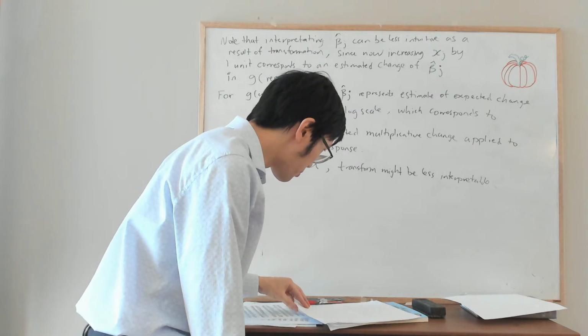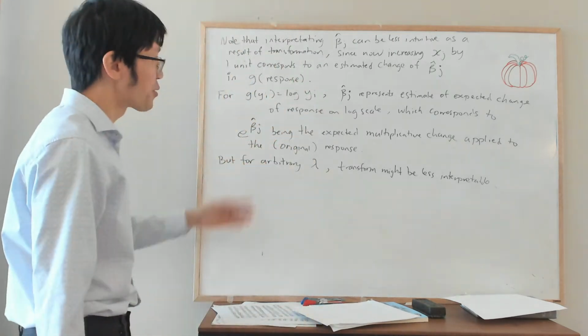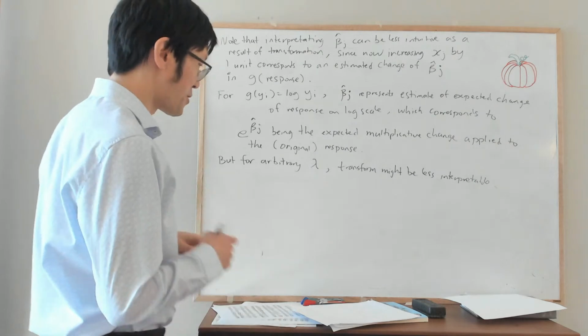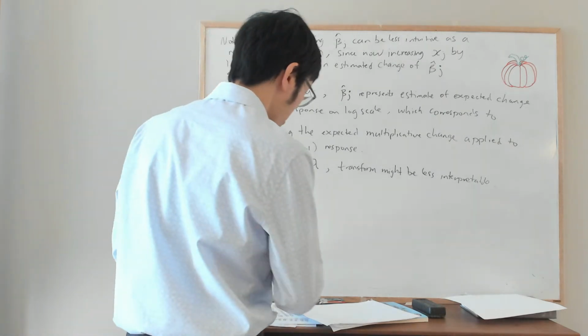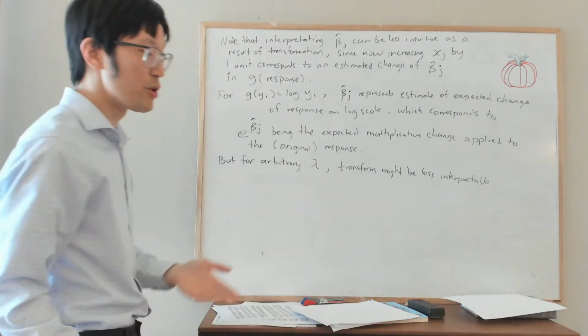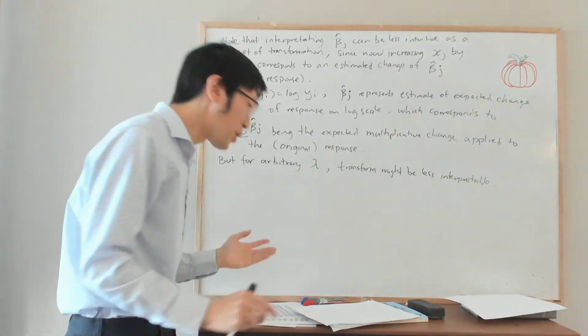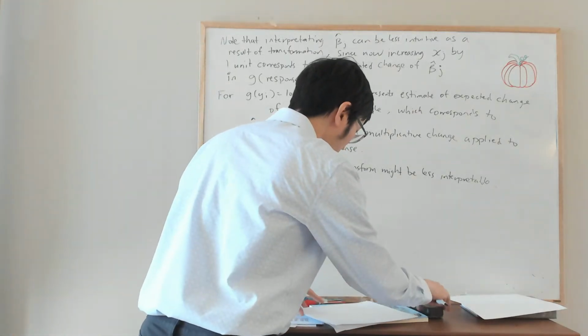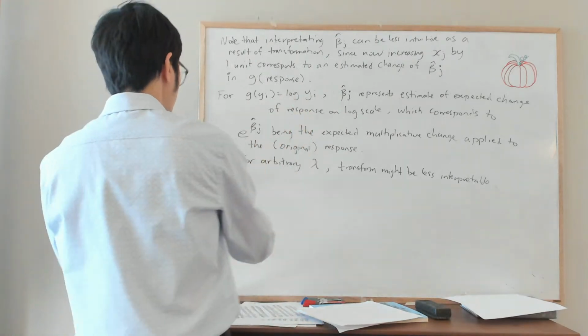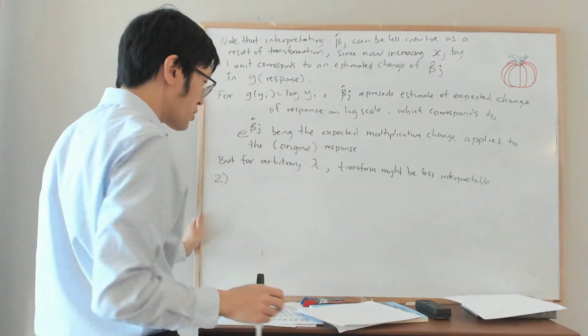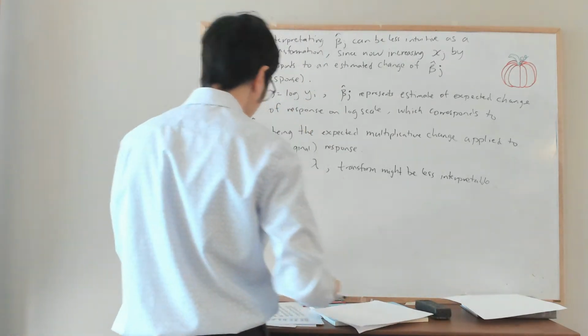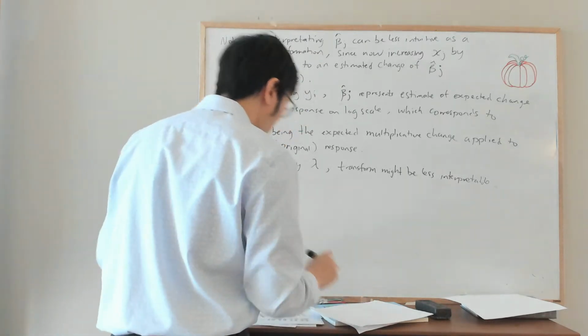Which is an excellent segue into this next thing, which is the second notion of transformation. We can also apply transformation on the predictors. So sometimes that can be helpful. Okay, so this is the second point, doing some things on the explanatory variables.